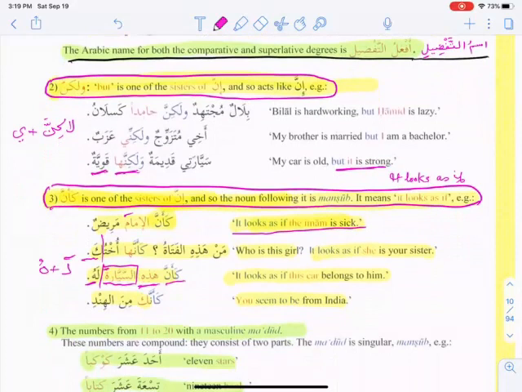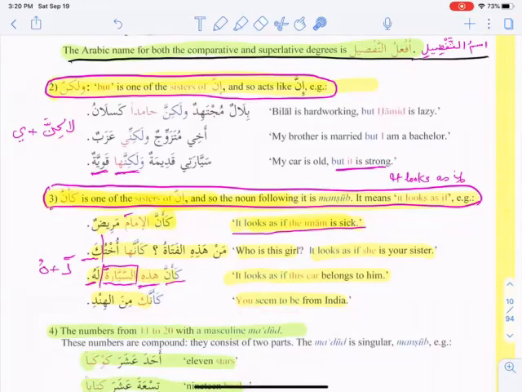Now, here comes a very easy sentence. It looks as if this car belongs to you. Fine. Ka'annaka min al-Hindi. You seem to be from India. Ka'annaka.